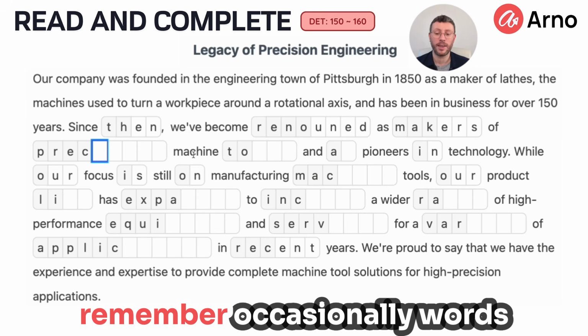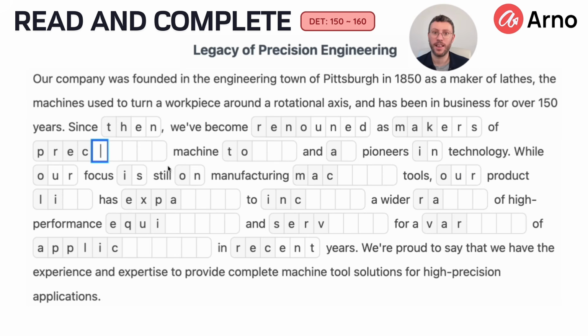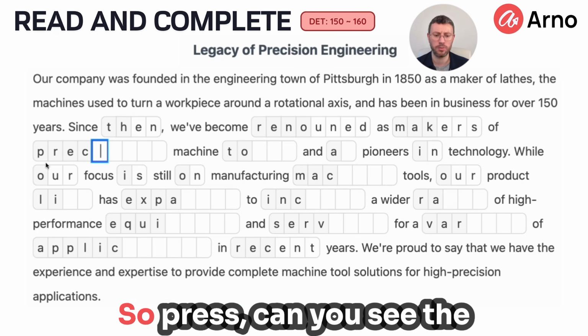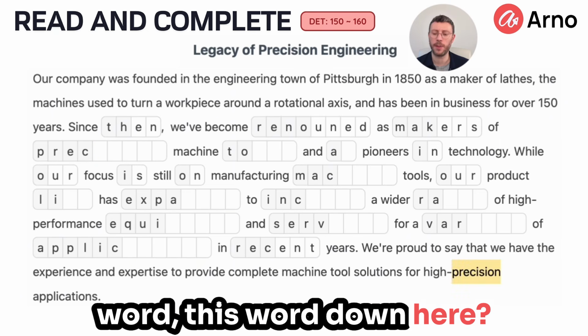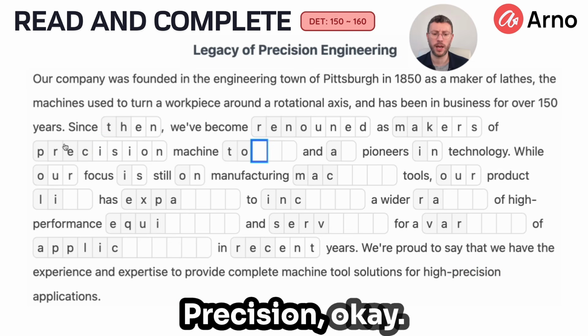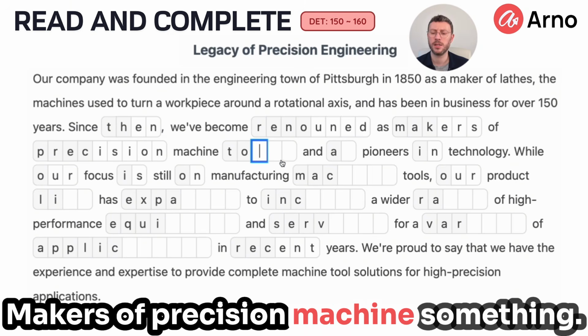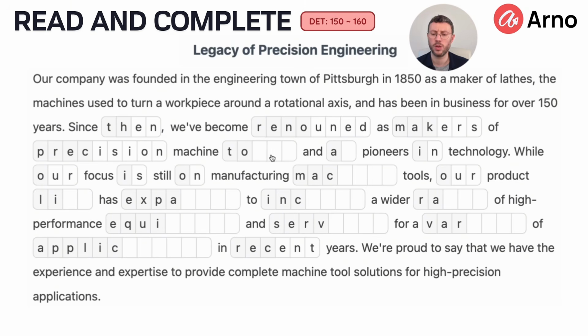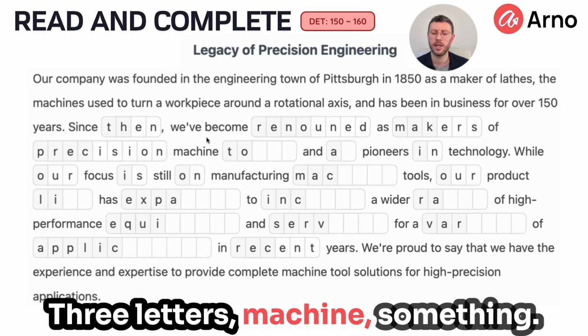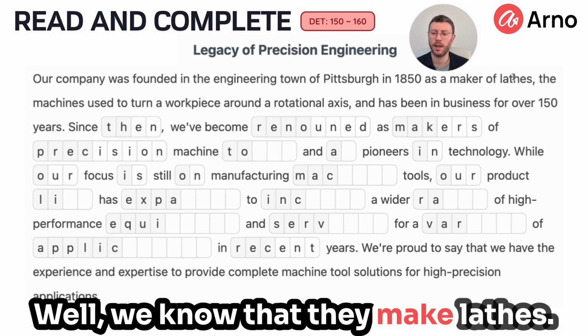And remember, occasionally words from the beginning and the end appear in the text. So can you see the word, this word down here? Precision. Okay. Makers of precision machine something, three letters. Well, we know that they make lathes.